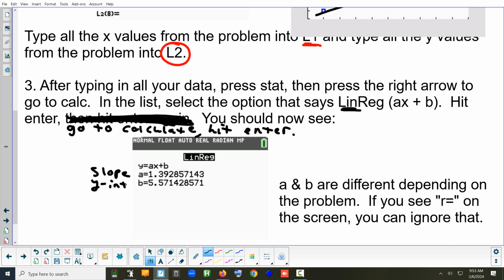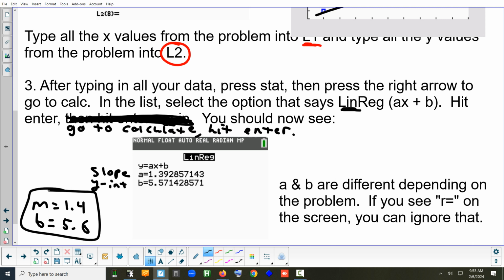How many people got a slope of, let's call the slope 1.4, and a y-intercept of, let's call it 5.6? How many people got those numbers? You got those? No? I got 4.1 on the box.